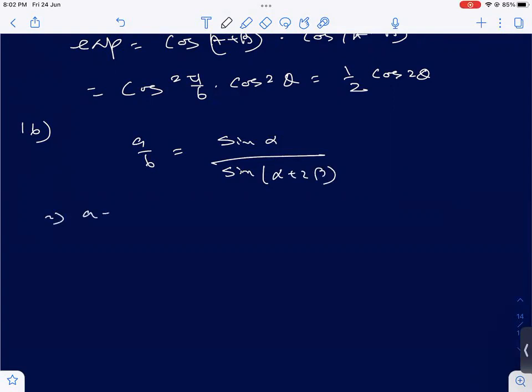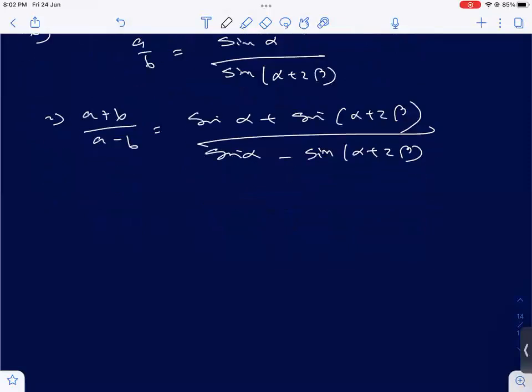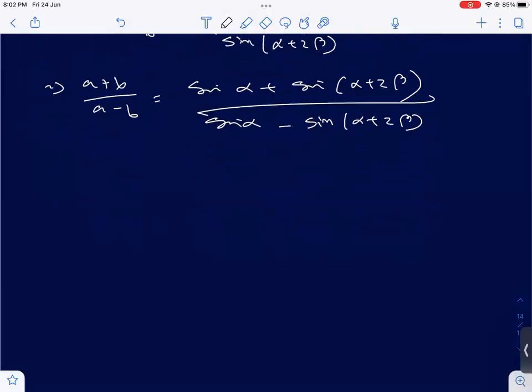Apply componendo and dividendo, (A plus B) by (A minus B). So we can write sine alpha plus sine (alpha plus 2 beta) by sine alpha minus sine (alpha plus 2 beta), using the sin C plus sin D formula in the numerator and sin C minus sin D in the denominator.